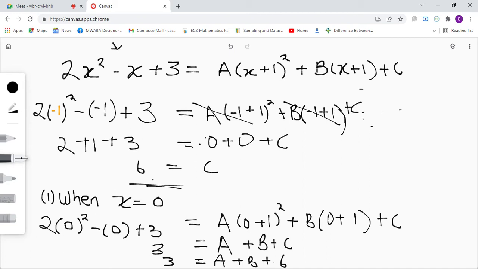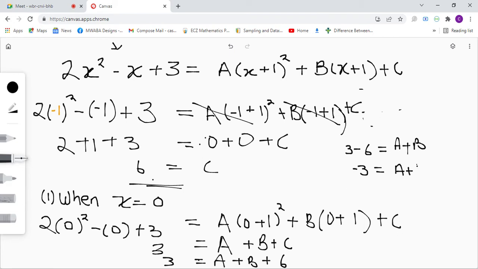We're going to take this 6 over to the left hand side, so we have 3 minus 6 on the left hand side equals A plus B. So 3 minus 6 gives us negative 3, equals A plus B.